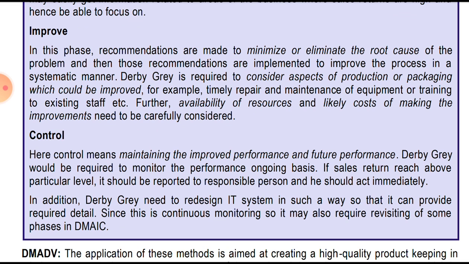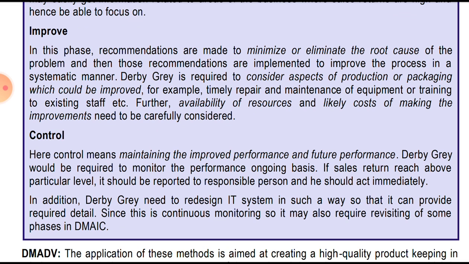If the sales return reaches above a particular level, it should be reported to the responsible person and acted on immediately. There should be a continuous process to monitor the performance on an ongoing basis. If there is any variation, then it should be properly communicated to the responsible person and acted on accordingly.